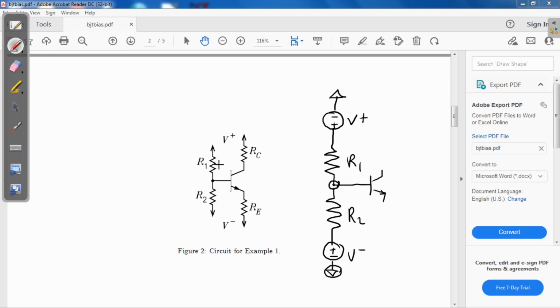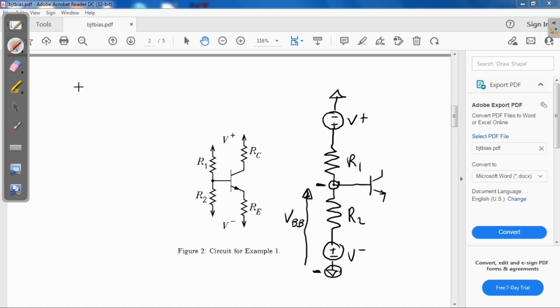Okay, so now we have to compute the VBB. So those two are the Thevenin nodes. So let's compute VBB. So VBB is this voltage.